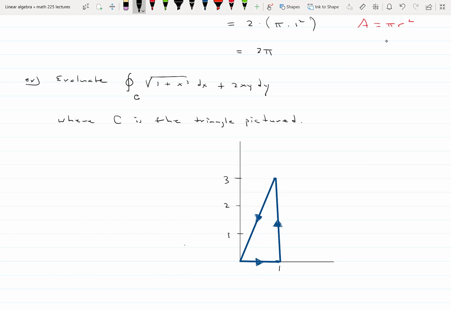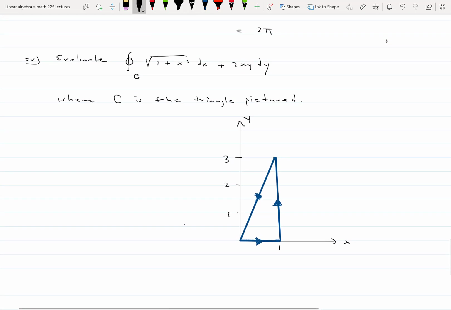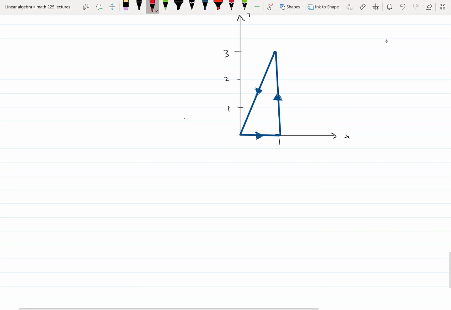So here's our curve C. Okay, the curve C is definitely oriented in a positive direction, a counterclockwise direction. Now let's attempt to do this again the 2 ways, so by direct computation, and see what happens.